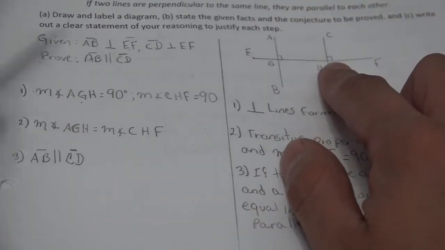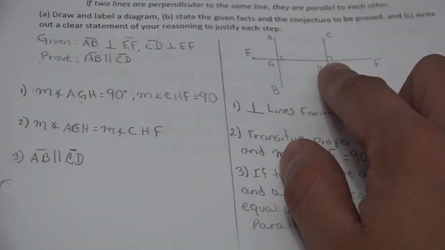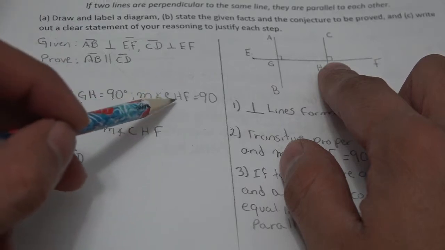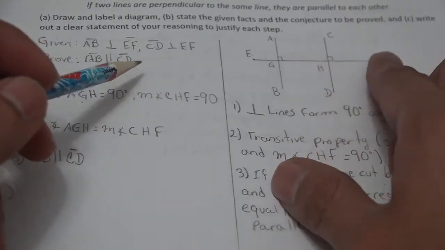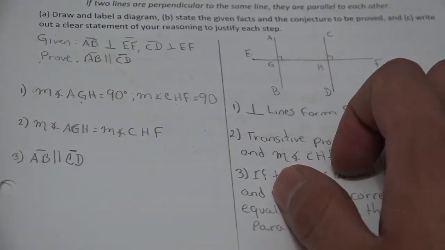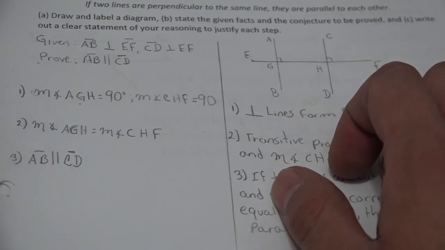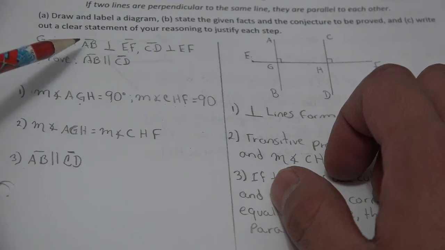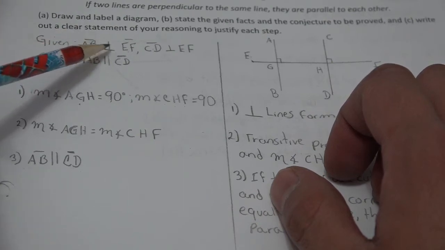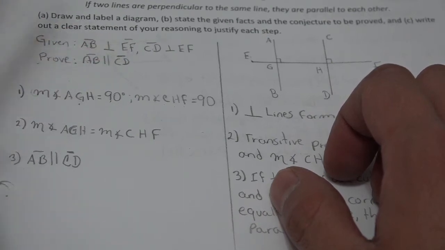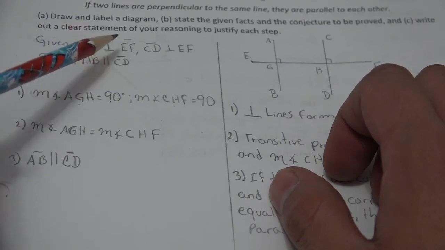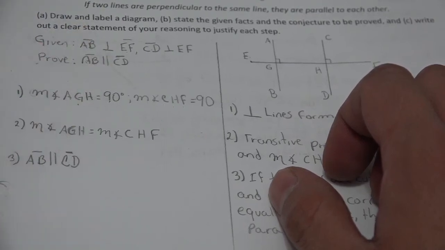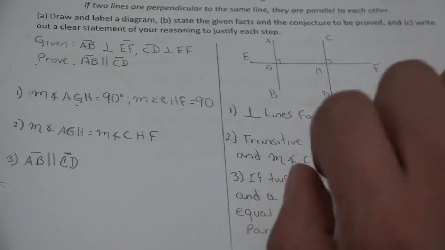And what do we know? It's 90 degrees. The measure of CHF is also 90 degrees. Okay? Wait, but how do I know that? Hello, in the given, they told us that AB is perpendicular to EF. You see that? Just with that knowledge, boom, we know that they measure 90 degrees.